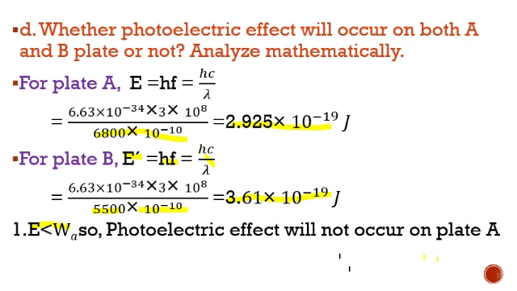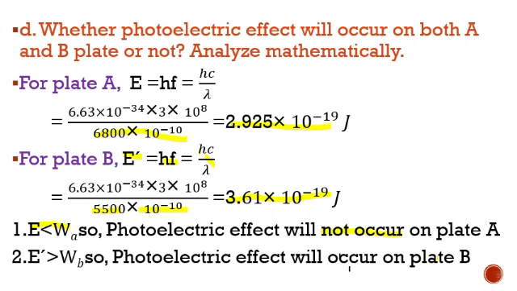That's why photoelectric effect will not occur, because it is less. And for plate B, E prime is greater than WB. That's why photoelectric effect will occur on plate B. So in conclusion, photoelectric effect will not occur for plate A, and in plate B photoelectric effect will occur.